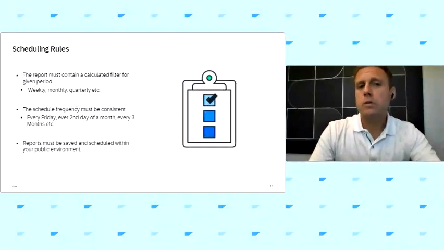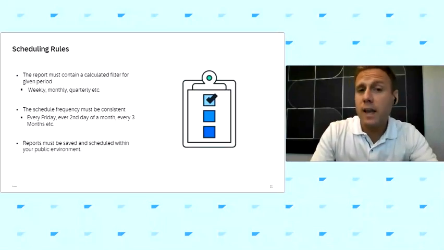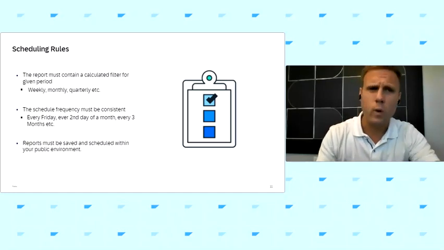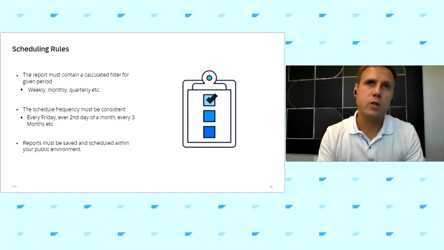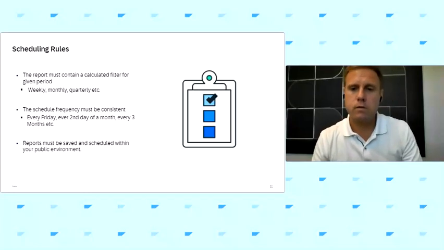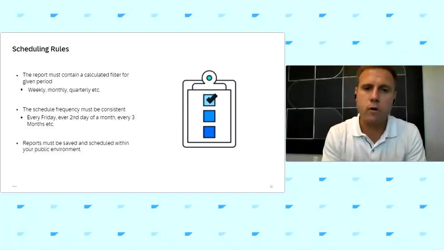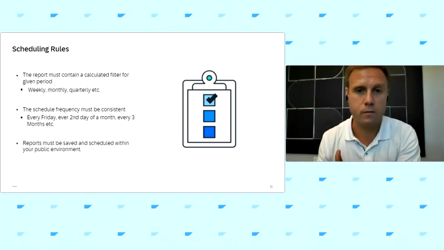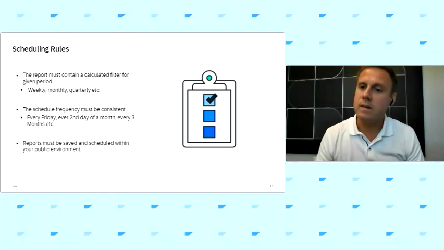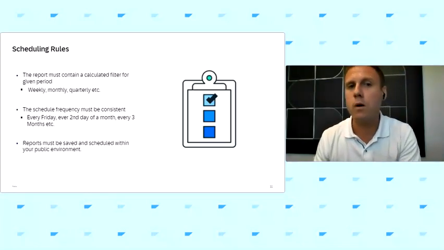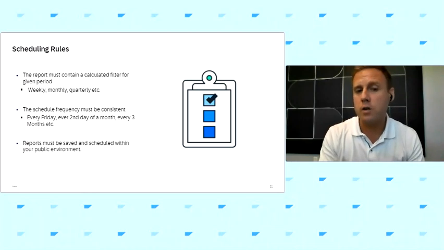All right, scheduling rules. Another housekeeping slide: reports must contain a calculated filter for a given period, so weekly, monthly, quarterly. You do not want to schedule reports using a date range. If you run January 1st to today, which is August 5th of 2024, and you run this for the next month, September 5th of 2024, it's only going to contain information from January through August.